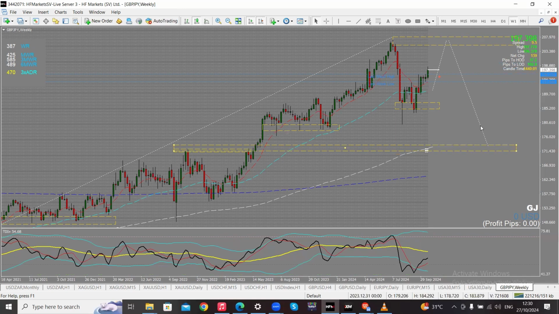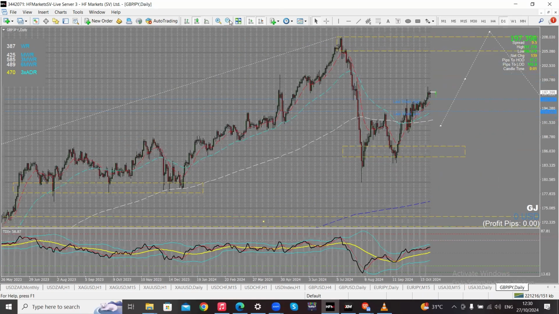So I still believe that this pair is going up, and if it's likely to go down, there would be actually some interactions here or a slight break so that price can actually then come down.